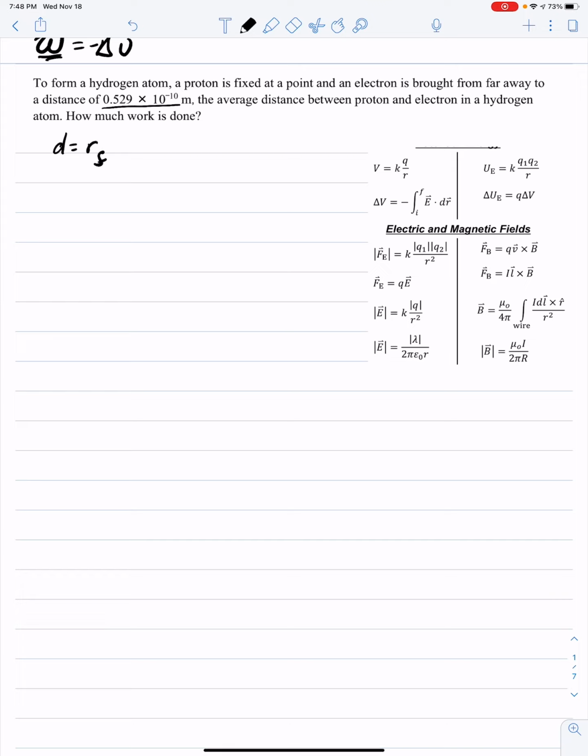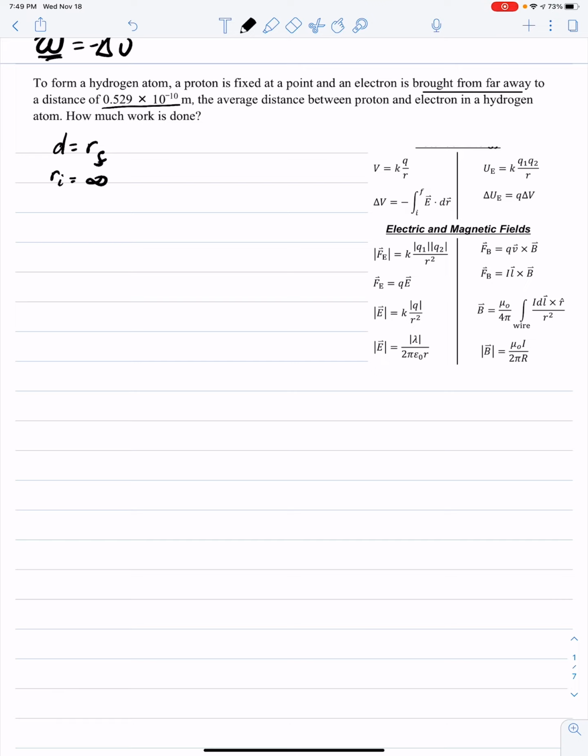And then it says it's brought from far away, so that other one is r initial, and r initial is infinite, because it says from far away. So we would assume that it comes from an infinitely far away position all the way to a distance of 0.529 times 10 to the negative 10 meters, the average distance between the proton and electron in a hydrogen atom. Okay, fine. How much work is done?